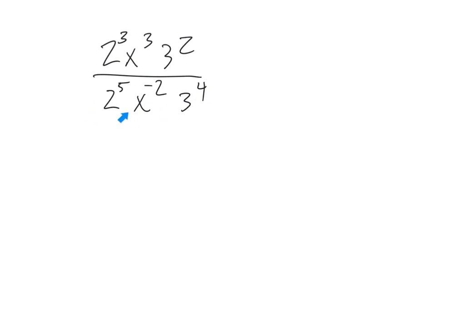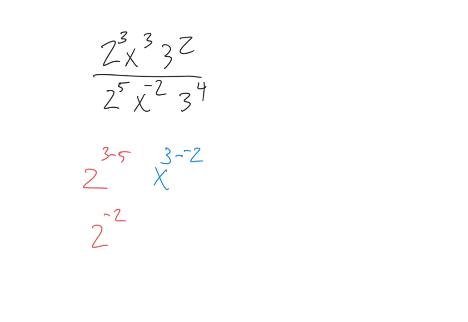They cannot be combined. However, top to bottom, I see that I have 2 to the third and 2 to the fifth. I'm dividing. So if I just think about those two, it would be 2 to the 3 minus 5, which is 2 to the negative 2. And then if I only look at the x's, I have x to the third in the top, so I'm going to subtract what's in the denominator, the minus 2.